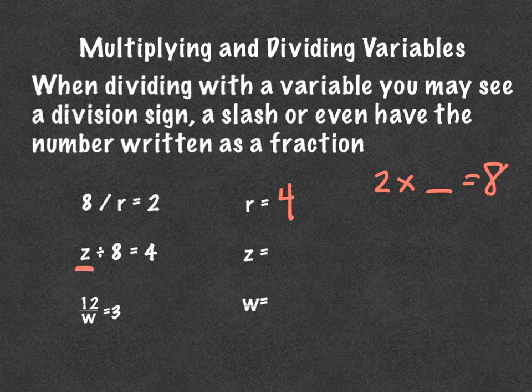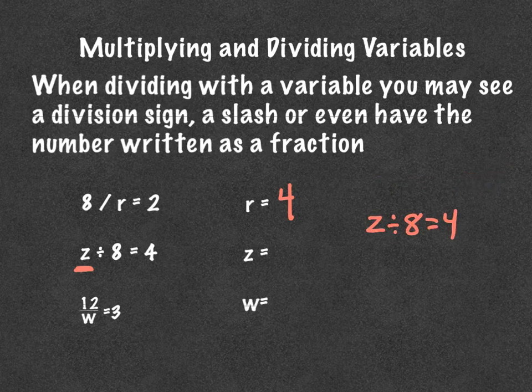This next one is a little tricky. If you remember back to subtraction, sometimes when that first number was listed, it was a little bit tricky. You had to think about it a little bit differently. Again, if you use those fact families, it's really helpful. So if we had z divided by 8 equals 4. I'm going to erase this problem above it so we're not in the way here. So z divided by 8 equals 4.